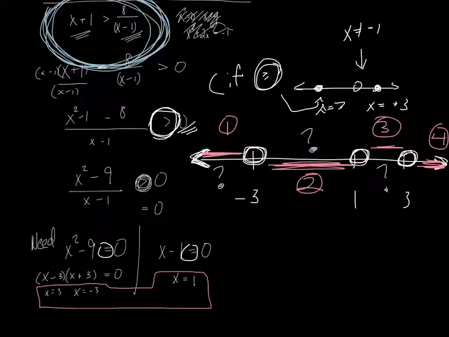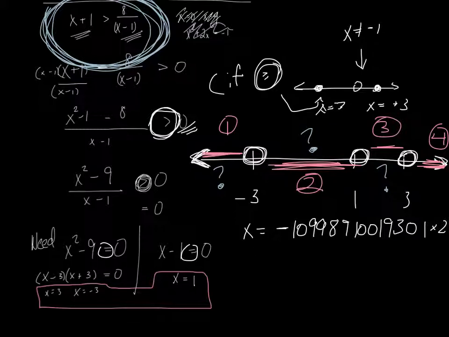For region 1, I'm going to plug in negative 100 million billion, a really huge negative number. Now I want to ask, is x plus 1 bigger than 8 over x minus 1?